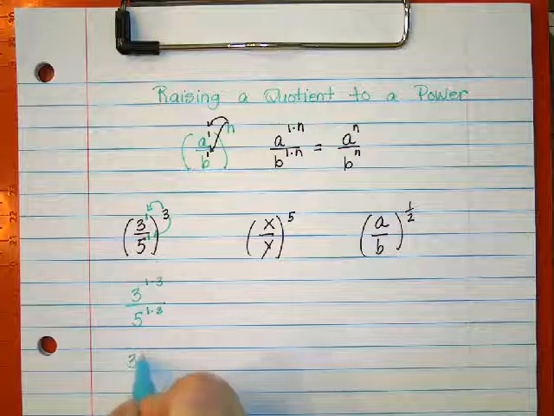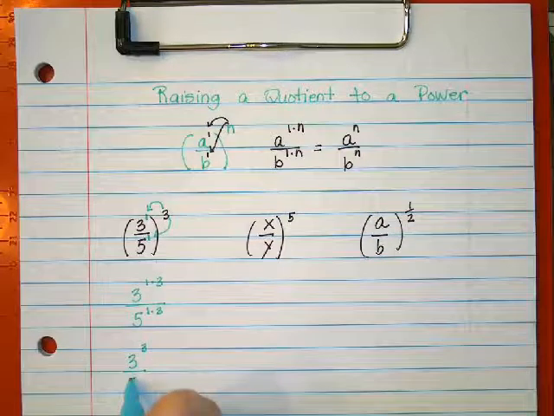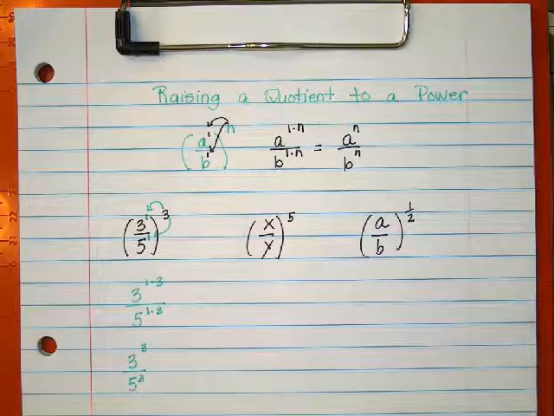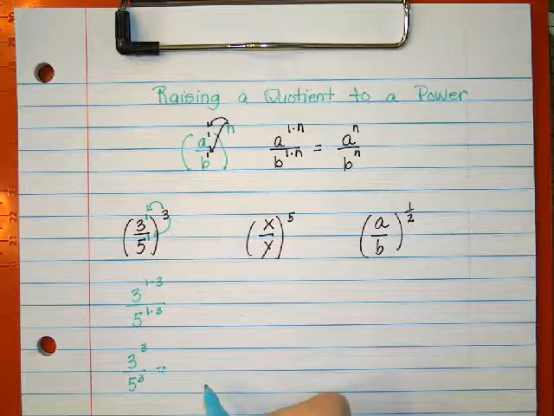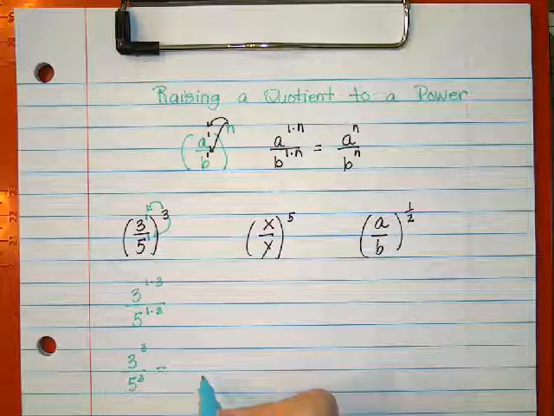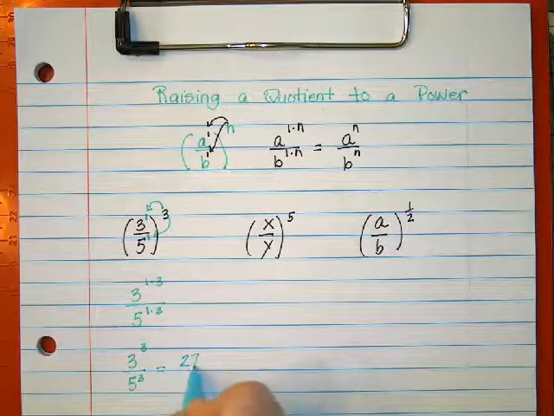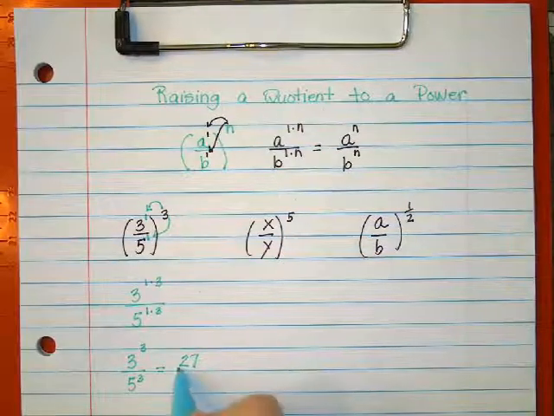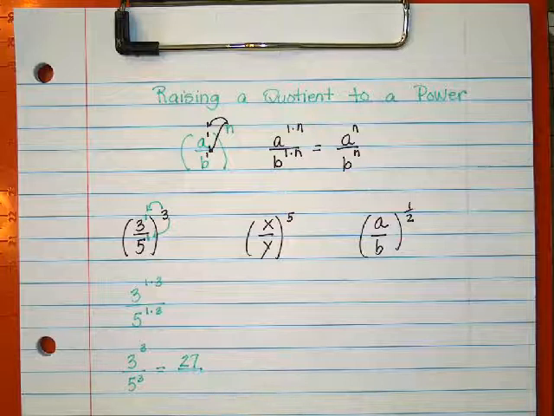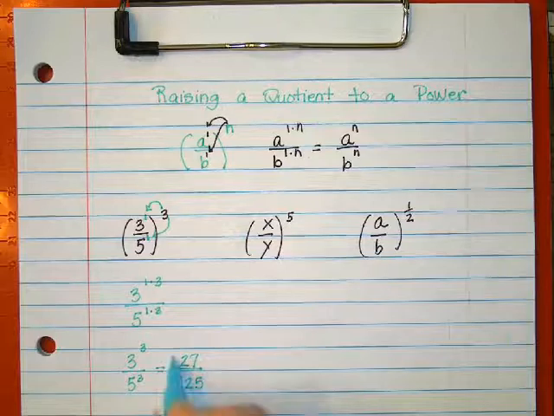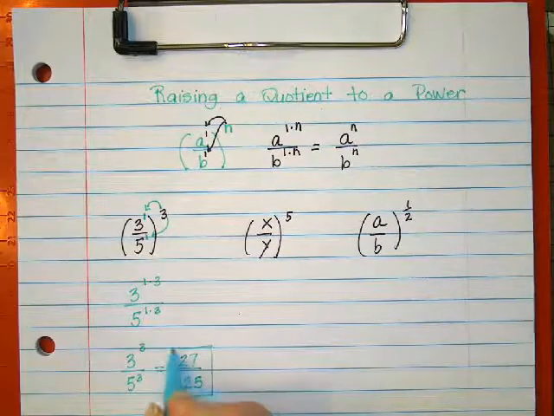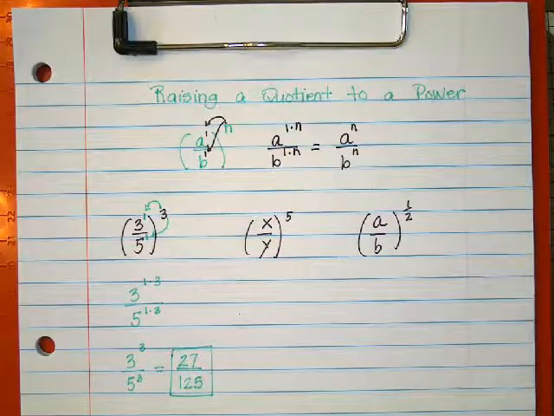So now we got 3 to the third over 5 to the third. And now we're going to simplify. So 3 to the third power means 3 times 3 times 3, which is 27. And then we're going to simplify 5 times 5 times 5, which is 125. This does not reduce, so this is our final answer.